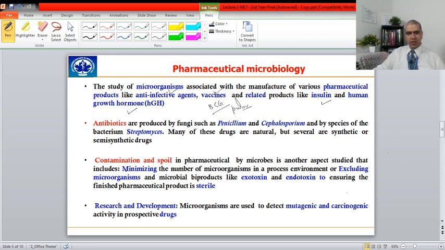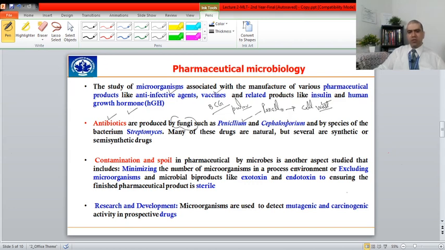So, what comes under pharmaceutical microbiology is the production of antibiotics. Antibiotics can be produced from fungi, and Penicillium notatum produces the drug called penicillin, which causes the breakage of the backbone of the cell wall of both gram-positive and gram-negative bacteria, that is the peptidoglycan layer.